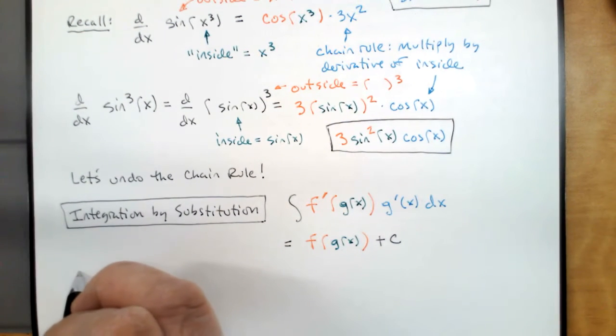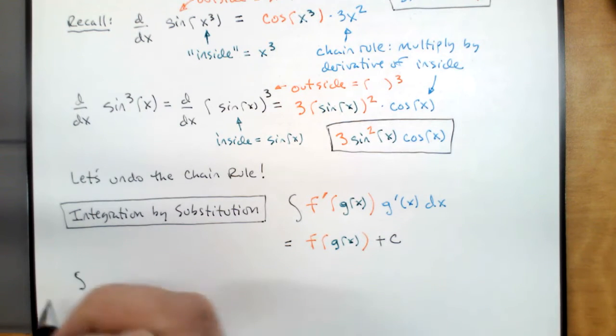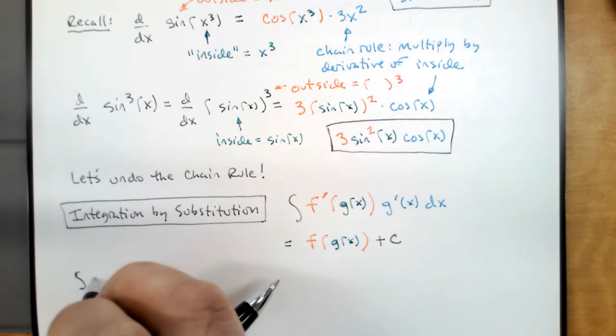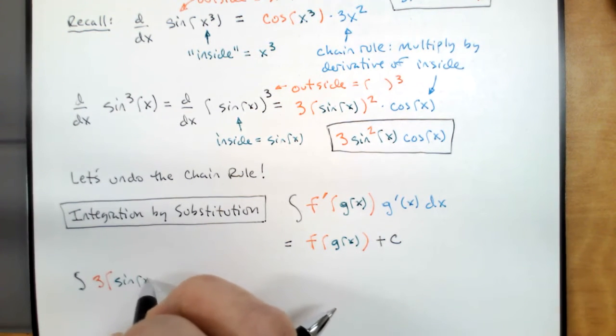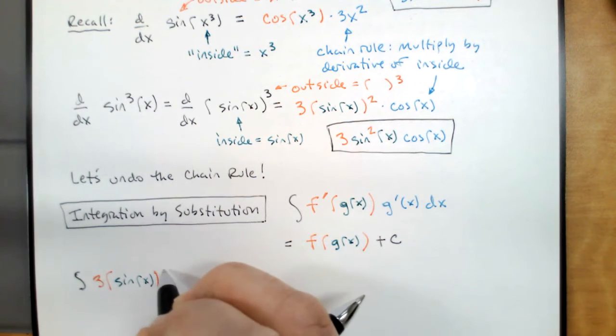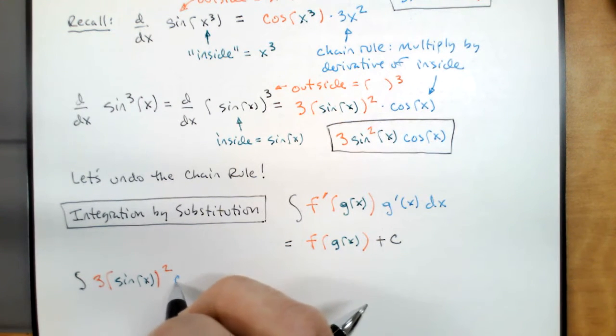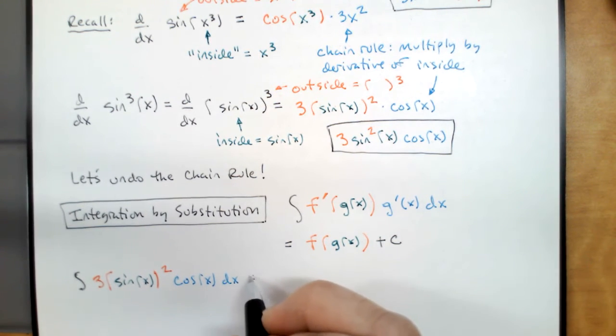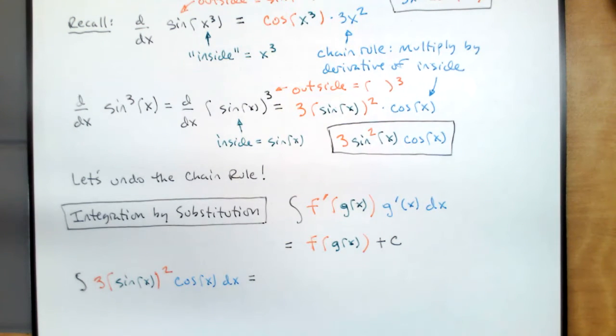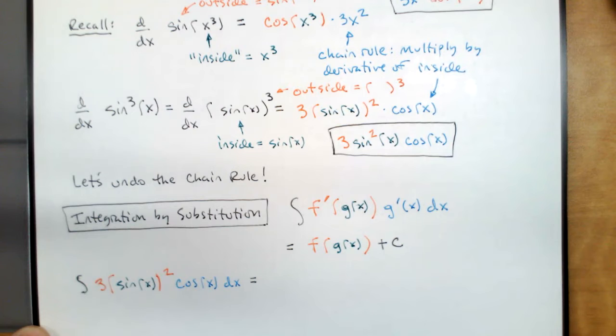So if I wanted the integral of 3 sine squared x, just from turning derivatives around, the integral of 3 times the square of the sine of x times the cosine of x is going to be sine cubed x plus c.